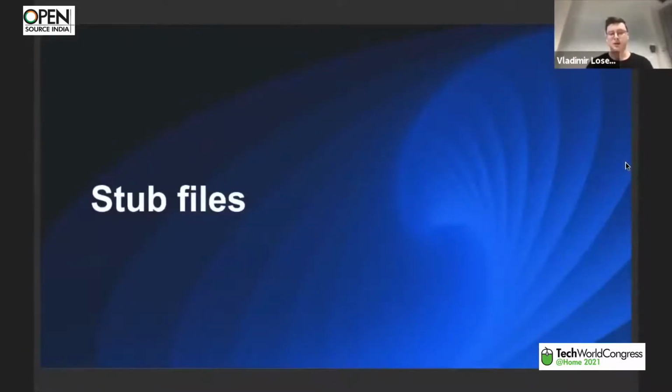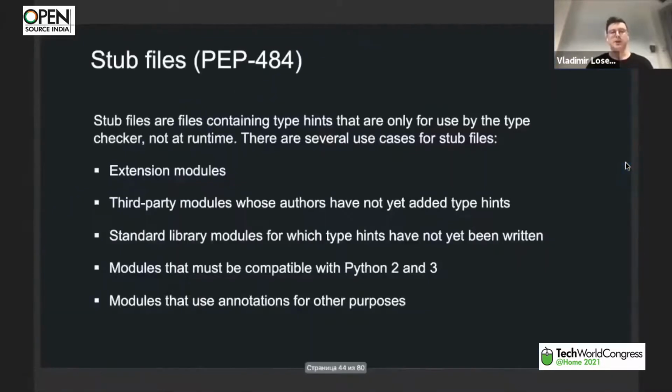What we propose here are stub files. What are stub files? Stub files are special files that were introduced in PEP 484, and the main purpose of these files is to hold the typing information for modules. So when typing was first introduced, developers wanted to implement Python 2.3 compatible modules.